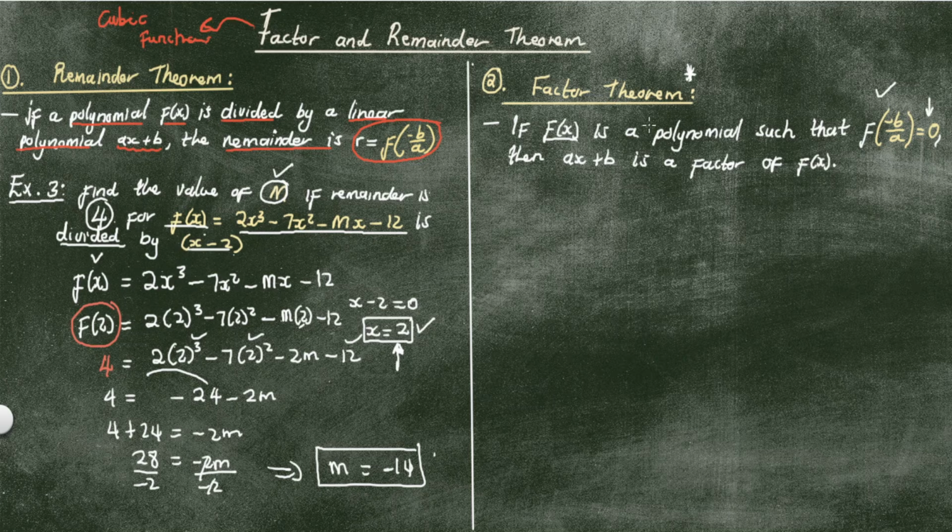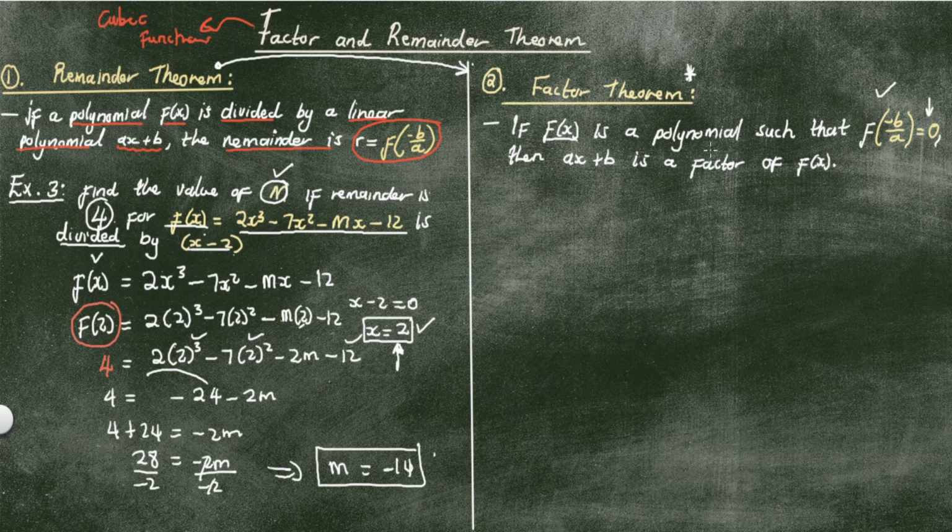It is the most useful thing, right? And the remainder theorem is what gave birth to the factor theorem. So the factor theorem is basically the remainder theorem. Instead of having a remainder that is a number, you have a remainder that is 0.